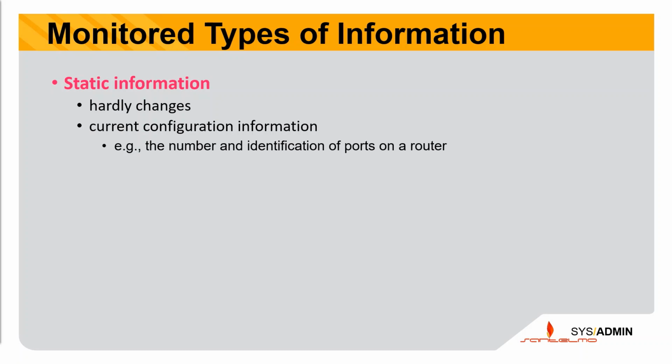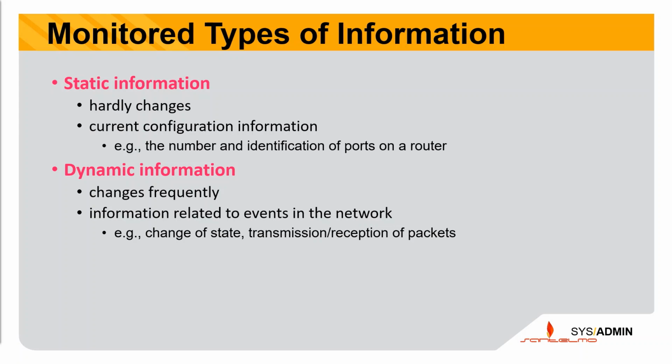All right. Next would be dynamic information. Dynamic information changes frequently. So, information related to events in the network. The change of state of a device, for instance, the router serial 0/0/0 goes down, and then after a second it went up. So these are dynamic information. The change of state from on to off or from up to down is considered dynamic information.